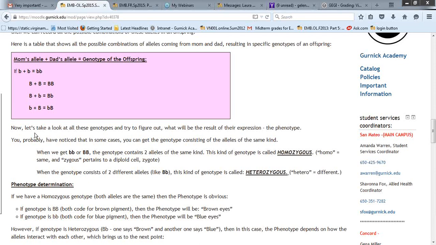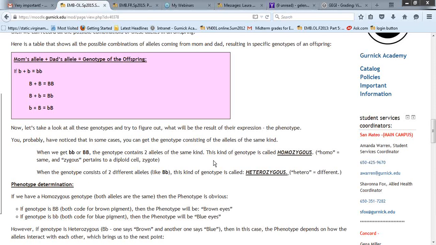Okay? So now let's take a look at all these genotypes and figure out when these alleles get expressed, what would be the phenotype? Okay? So you probably noticed that in some cases, like the first two cases, when your genotype is little b, little b or big B, big B, okay, the two alleles you got are the same.